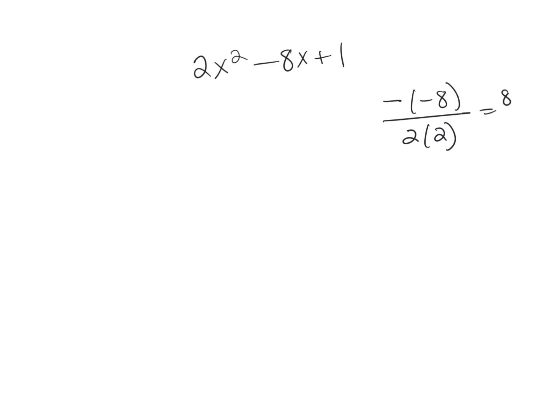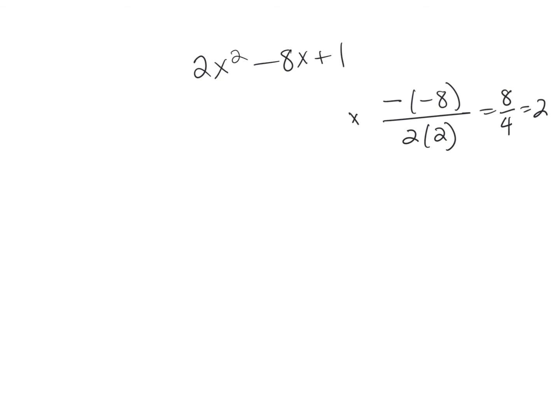Let's say the job is to write this in vertex form, right? I can complete the square. That's one option. But my other option is to just find the vertex. So minus b over 2a, which is 8 over 4, which is 2.